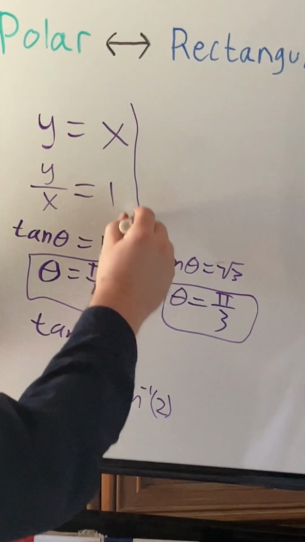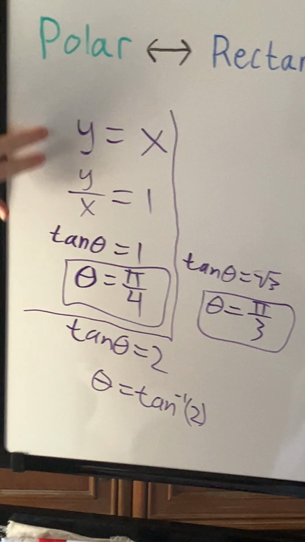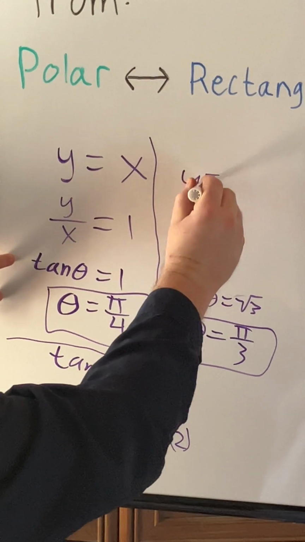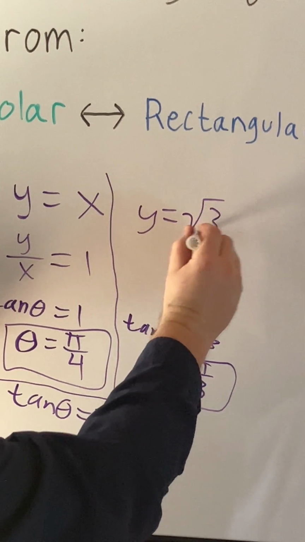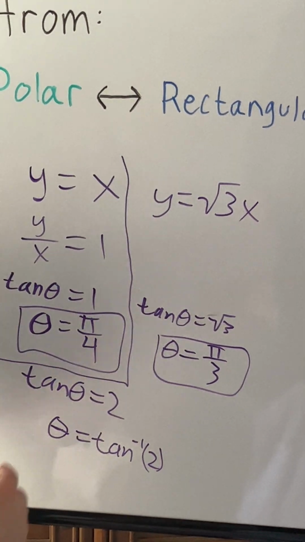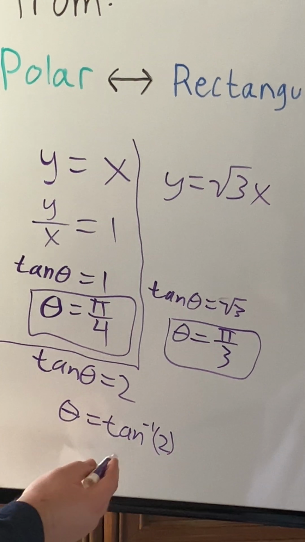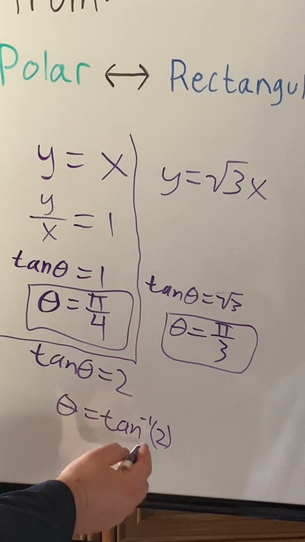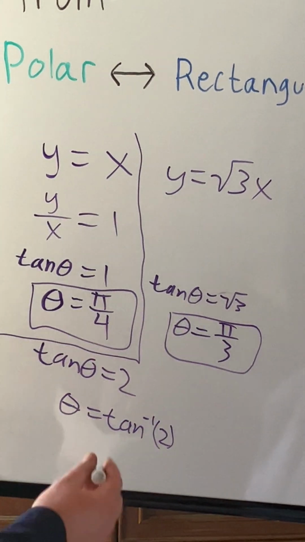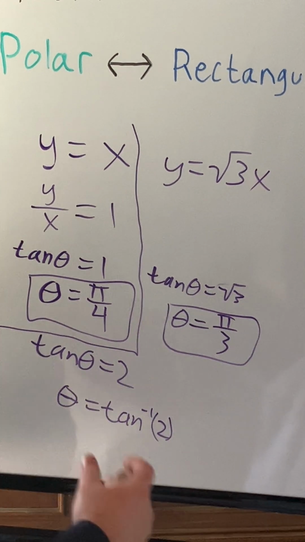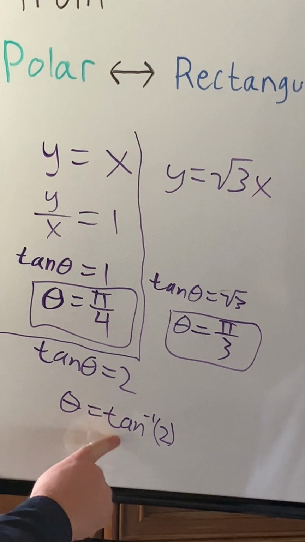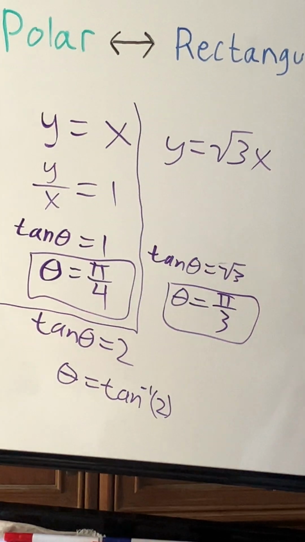Now understand this is all one worked out. If we started with y equals root 3x, we would end up there. Y equals 2x, we would end up here. Now the tan inverse of 2 does have a value if you put that in your calculator, but it doesn't really have a nice simple fraction in terms of pi, so you would probably just leave that like this.